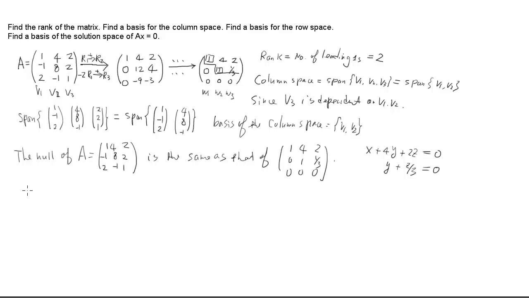So now we have y equal to negative z over 3 and x equal to negative 4y minus 2z.